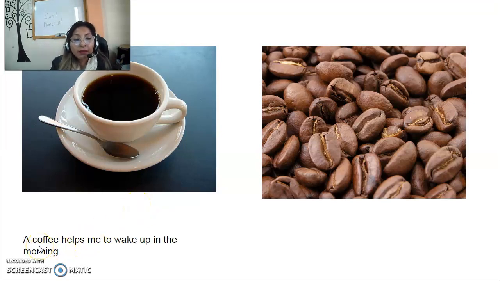When I say, for example, a coffee helps me to wake up in the morning, what I am saying is a cup of coffee helps me to wake up in the morning. I am omitting the word cup in order to say just a coffee. This is very common in English, to omit the container, especially for some liquids, for example, coffee, and some others that we are going to see later.